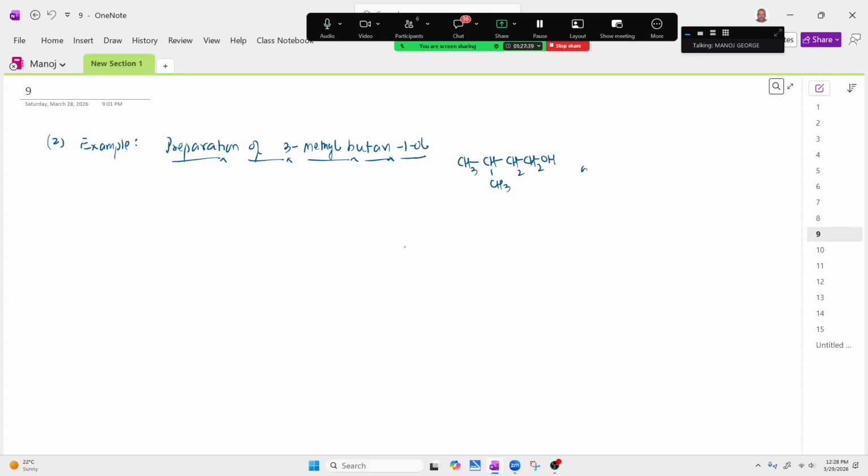I can write this as (CH3)2CH, then CH2, CH2OH. I can do that as well, any format. But I am opening up this structure because it's easy for you to understand.